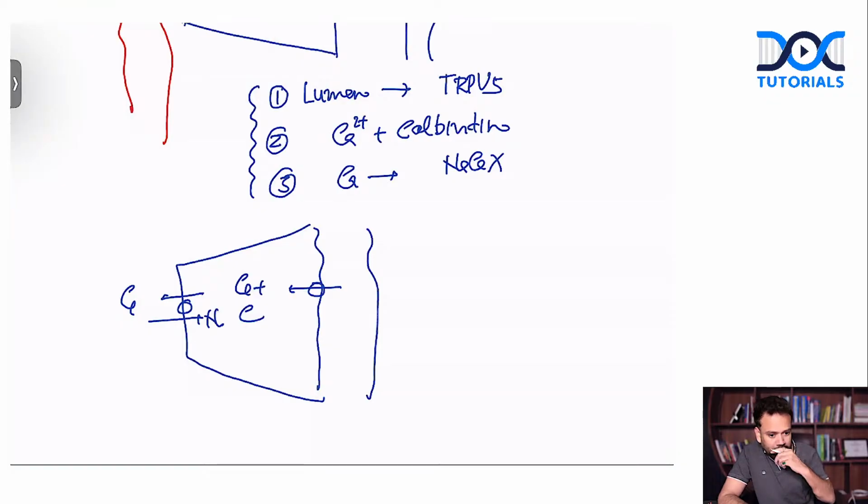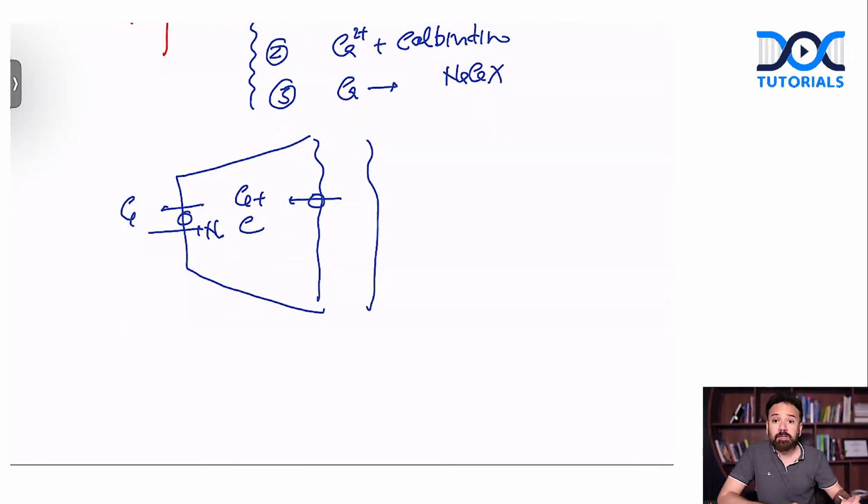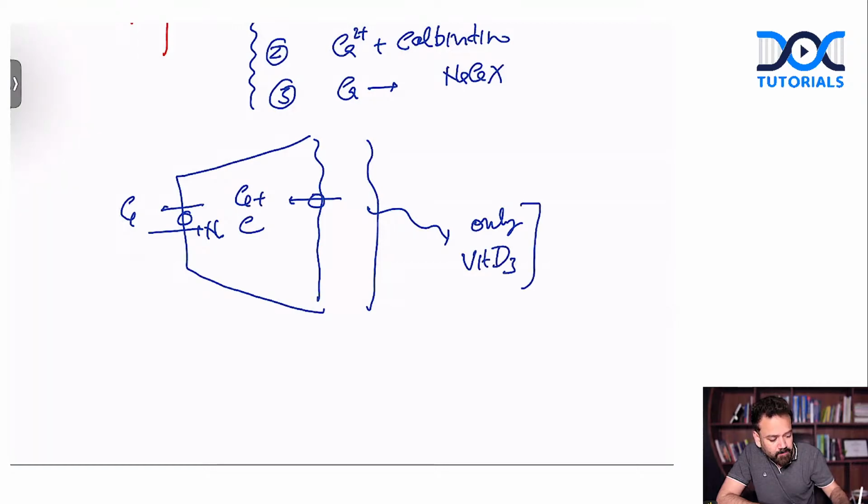But in the intestine, these actions are only controlled by vitamin D3, not by parathormone.